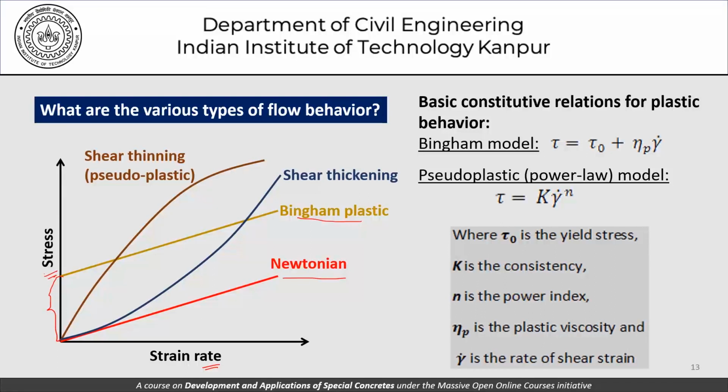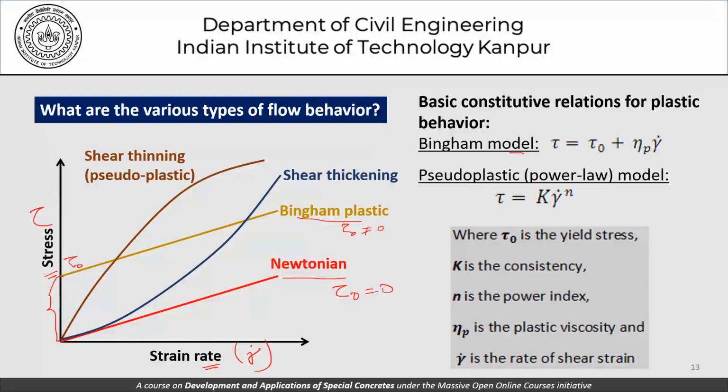As far as the basic constitutive relationships for plastic behavior is concerned, the Bingham model tells us that tau, which is the shear stress, is equal to tau naught plus eta p times gamma dot. Now gamma dot is the shear strain rate that we are talking about. What this line tells us is that this is the Bingham plastic model with tau naught equal to 0. This is tau naught not equal to 0.